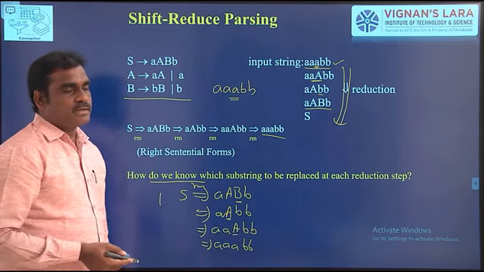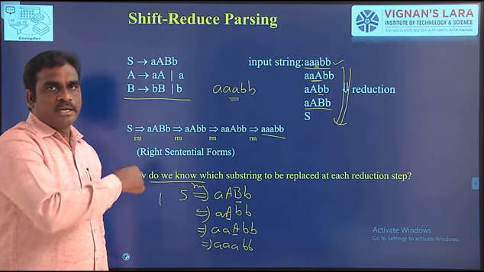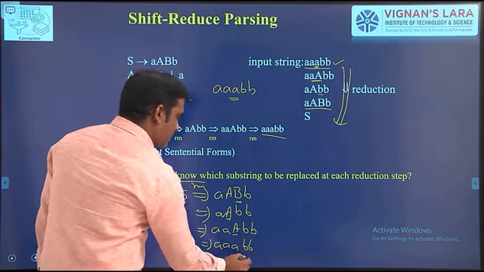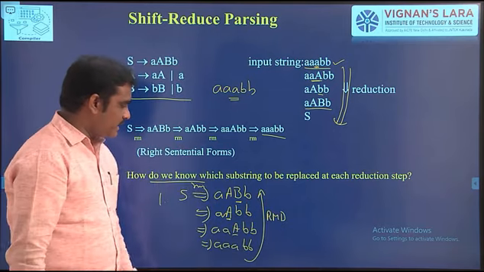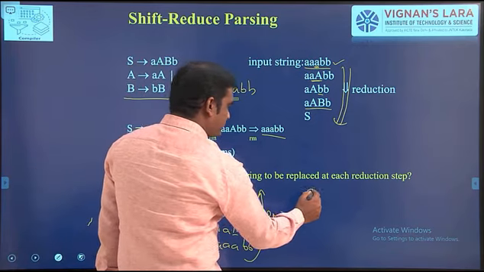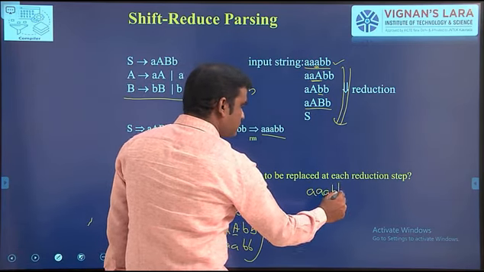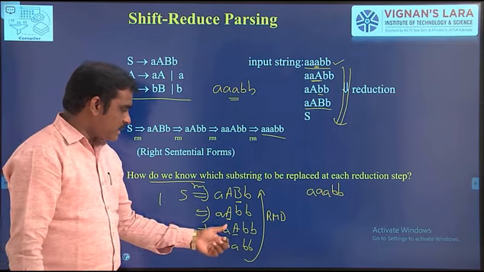But how do we construct a shift reduce parser? It's a reverse of the rightmost derivation. That means it starts with aaabb. And what is the next step?